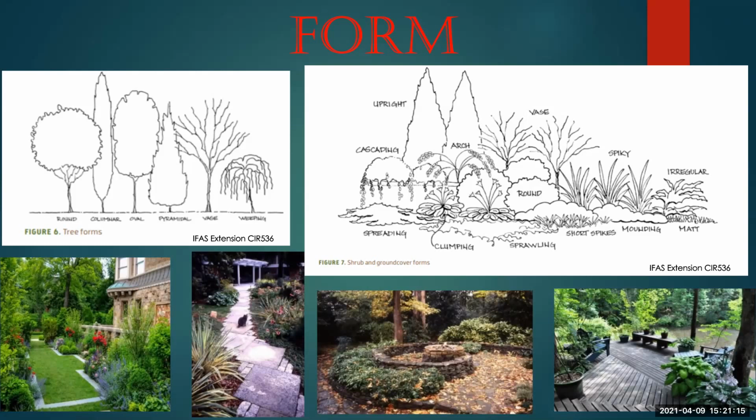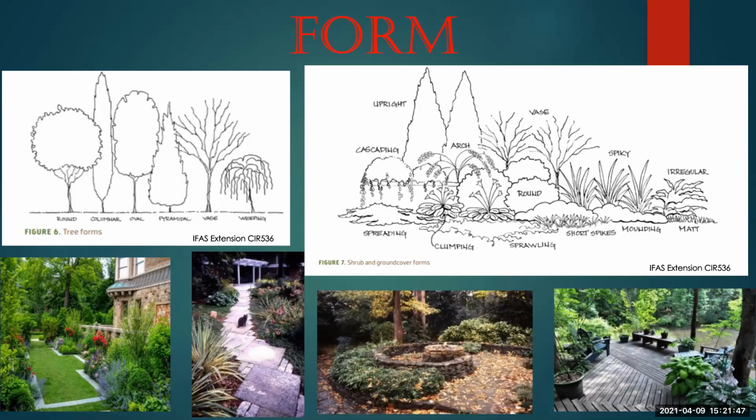And then you've got the vase shaped tree, which can be the golden rain tree, or even hackberry. Even though a lot of people don't like hackberry, they do have a vase shape to them. And you can have weeping, which can be like your weeping cherry or your weeping mulberry. So you can use trees to have that form, that give definition within the landscape in different ways.